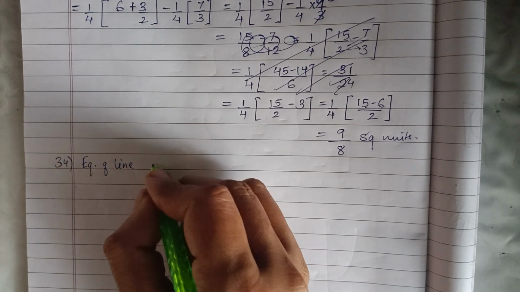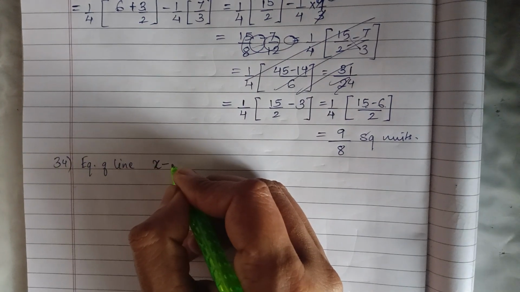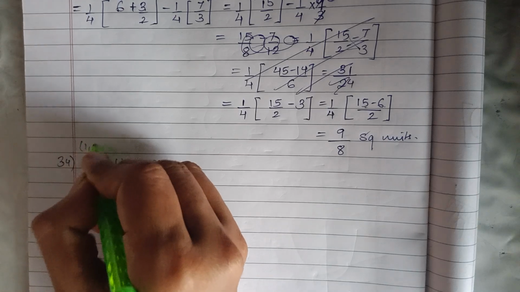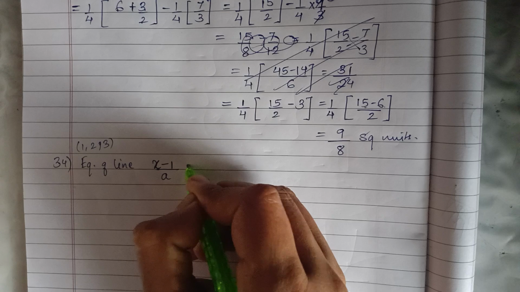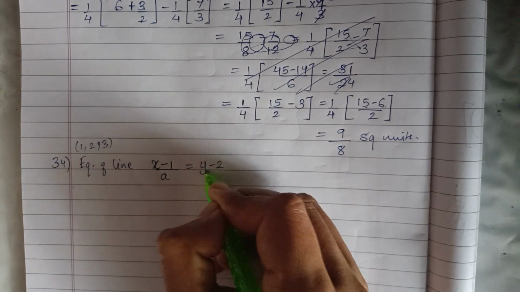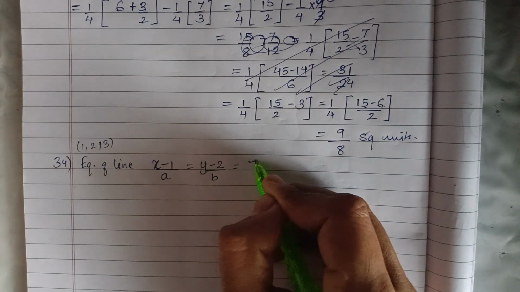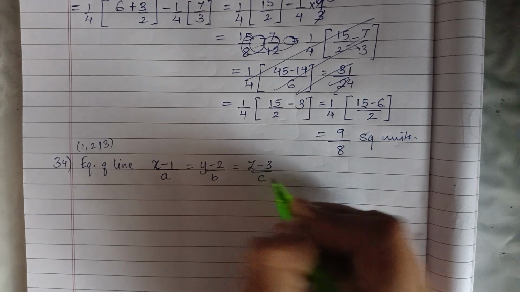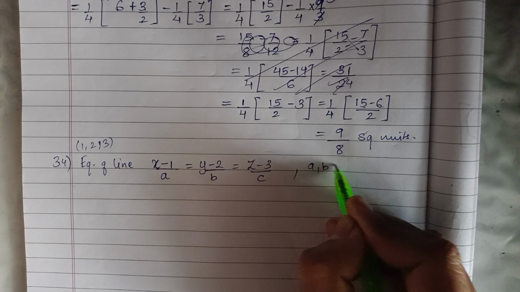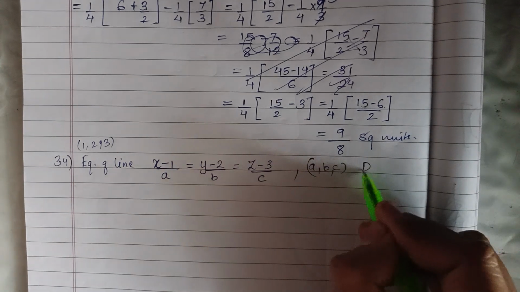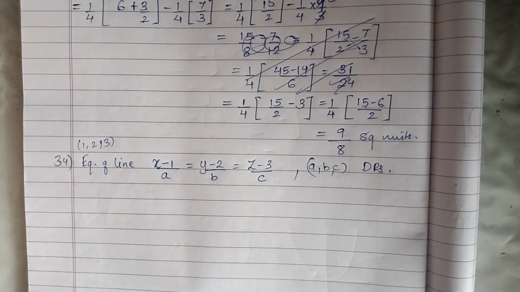In Cartesian form it is x minus x1, that is, the point 1, 2, 3 is given, upon A, y minus y1 upon B, z minus z1 upon C, where A, B, C are the direction ratios of the line.